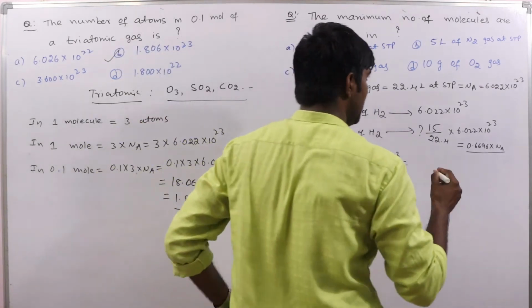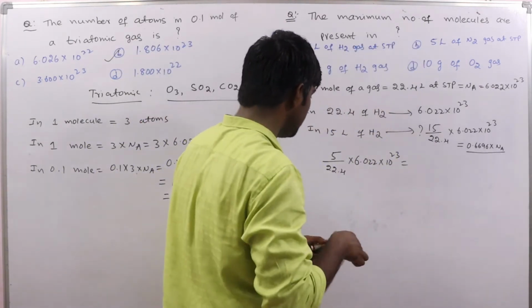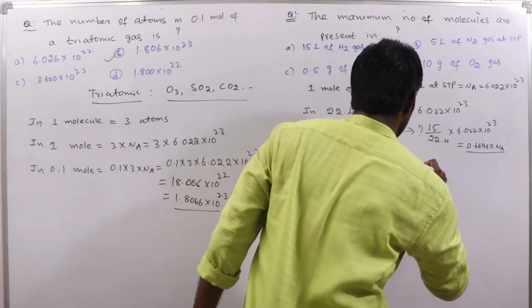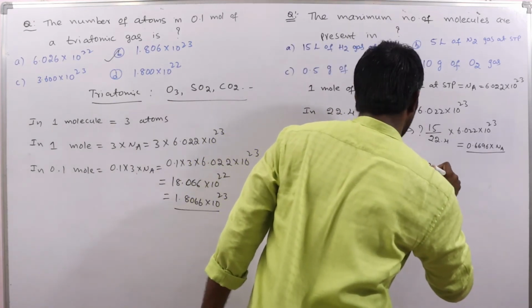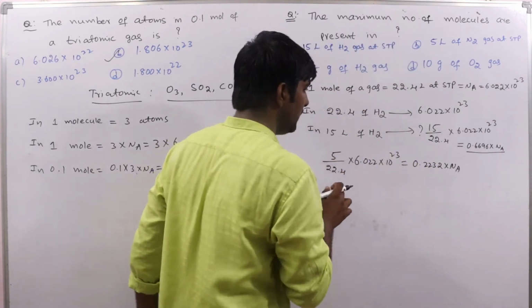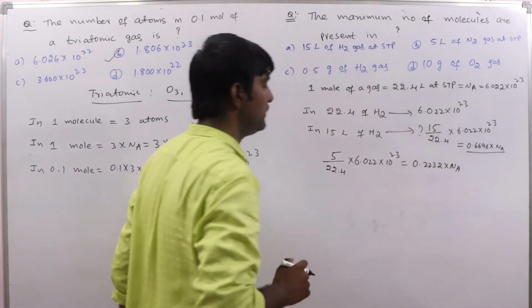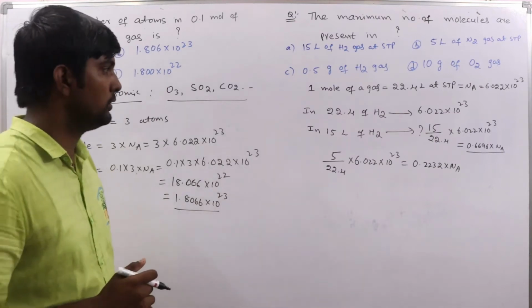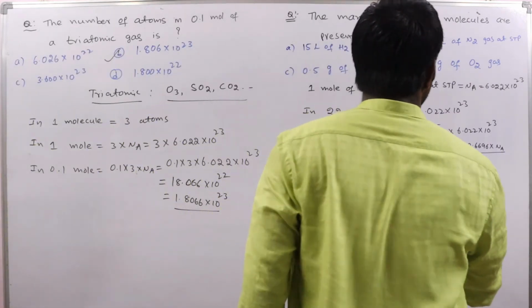After simplification, we get 0.2232 into Avogadro number. 5 by 22.4 is approximately 0.2232.